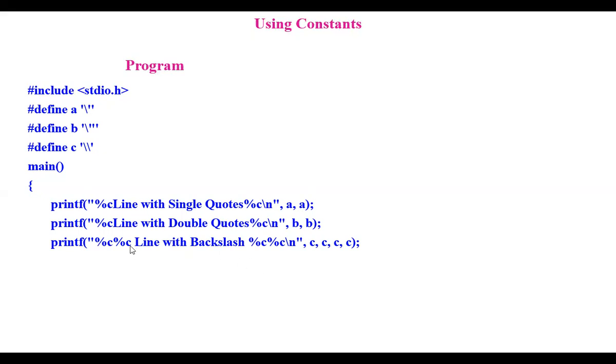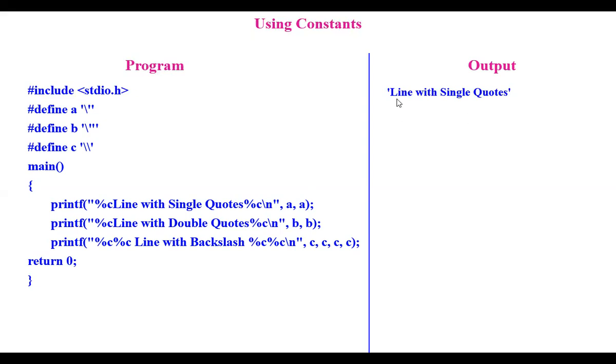Clear? And I just gave a small gap here. And two characters I want to have here. So that's why I have taken 4 backslash characters here. C is taken 4 times. If you compile and execute this program, you will get the output like the first one, the line with the single quotes.